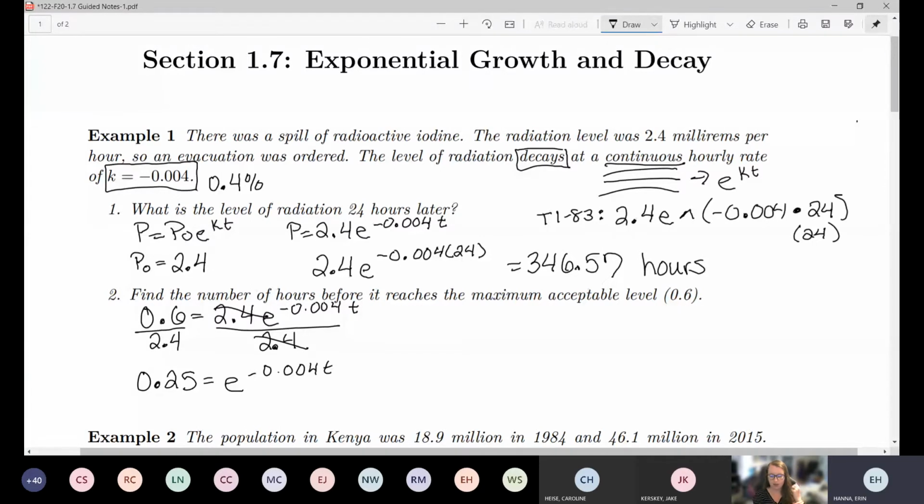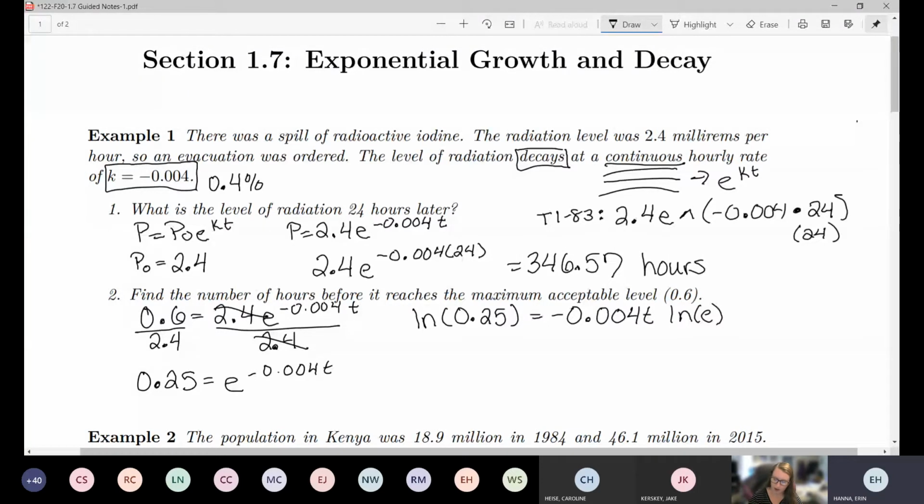Now that we have it isolated, we take the natural log of both sides. And if I may, I'm going to pull the power out at the same time. Let me know if you want to see the other step, but I'm just being a little lazy. That's kind of the point.